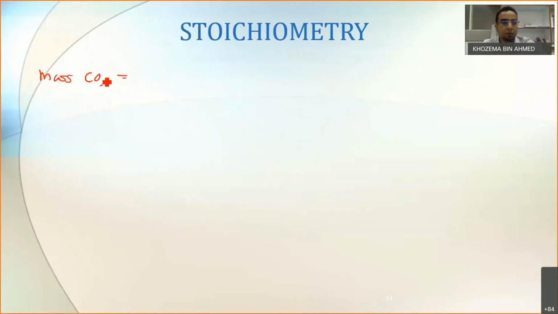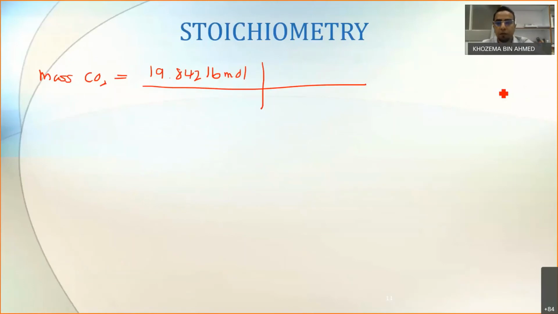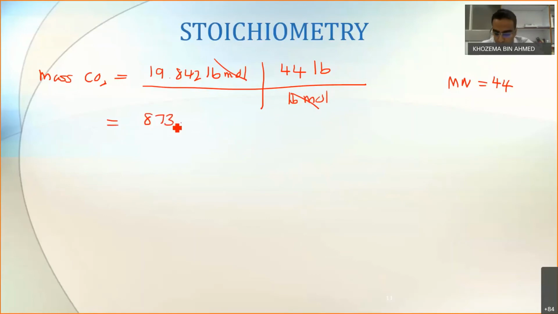The mass of CO2 is equal to the mole, 19.842 pound mole, times the molecular weight of CO2, which is 44 pound per pound mole. Cancel out the unit, and you'll get a value of 873.1 pound.